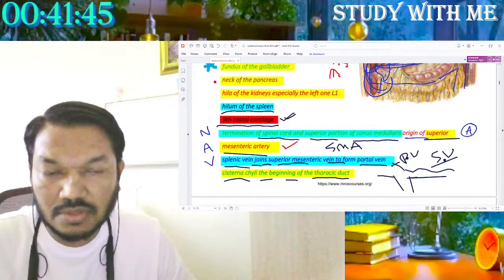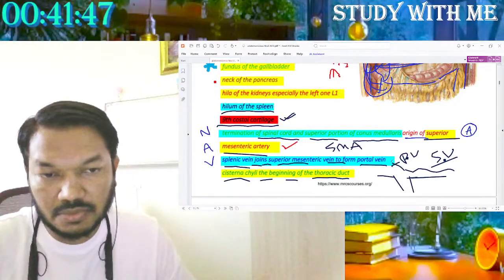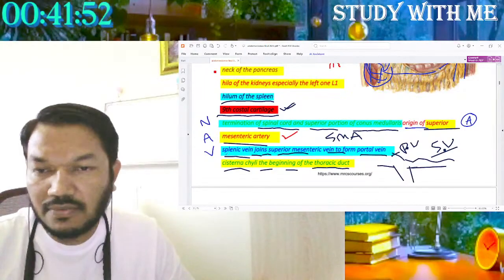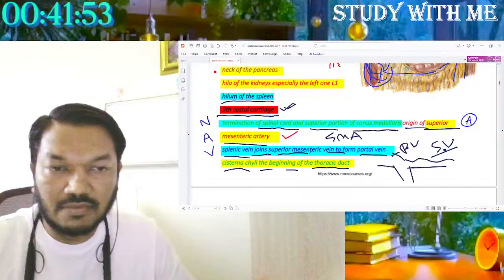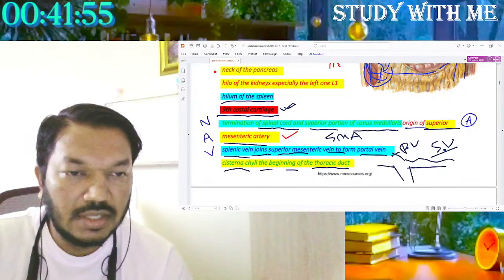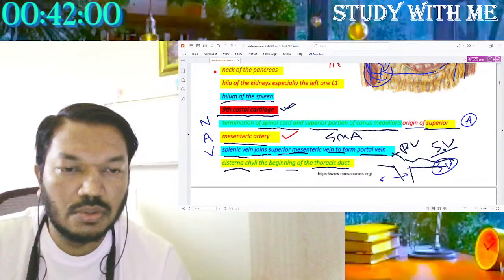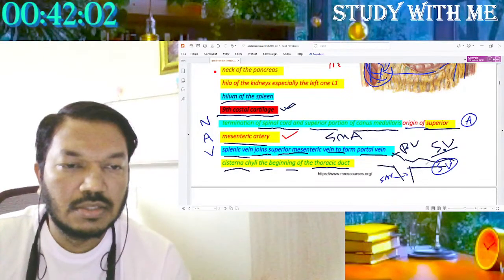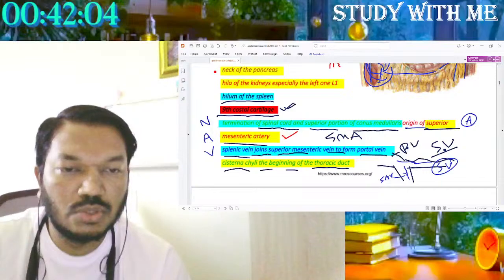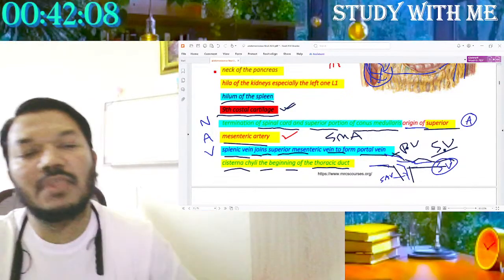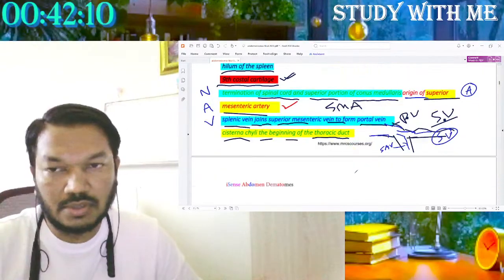How is it formed? We need to remember the portal vein forms by the union of the splenic vein and the superior mesenteric vein. They join together to form the portal vein. And the portal vein also remains at the L1 level, or transpyloric plane.